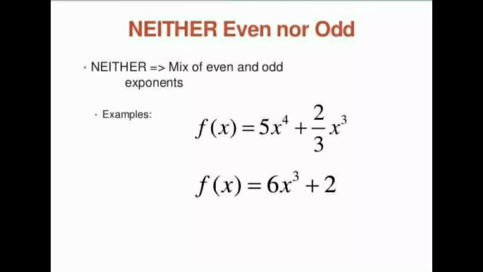The x to the power 4 is the even function and 2 upon 3 x to the power 3 is the odd function, and as their sum, the function is called neither even nor odd. Okay, so hope you understand.